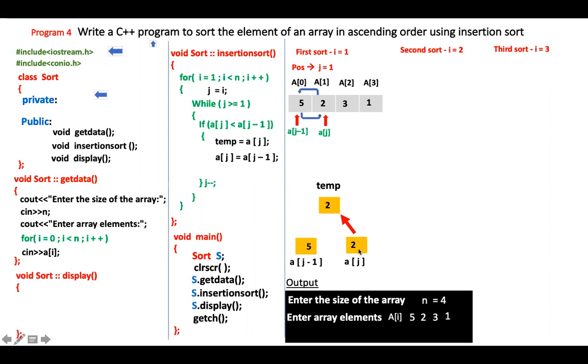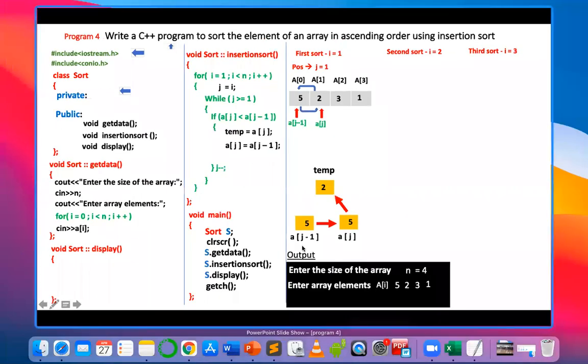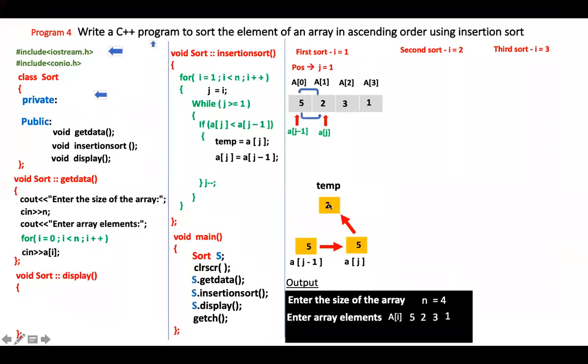So now this 5 will be transferred to where the 2 was if you write this equation. Now tell me the third equation. How will you write it? A of J minus 1 should get the value from the temporary variable. So I'll write A of J minus 1 is equal to temp.